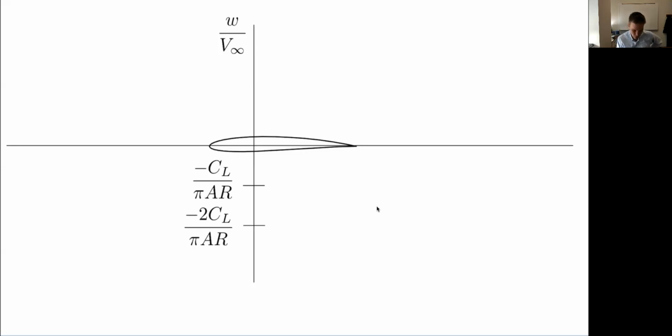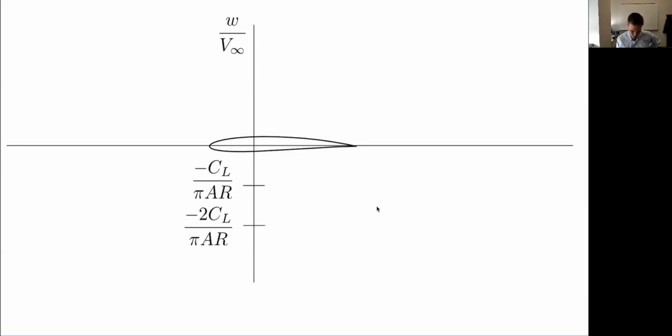However, now I have this bound vortex as well, and I didn't really think about that too much. But if I looked at the side view, that bound vortex looks like this. So again, far away, of course, it does nothing. But as I get very close to the wing, it's going to generate a huge upwash. So it's going to look something like this. And then on the other side, nothing very far away, but as I get close, it's going to generate this huge downwash.